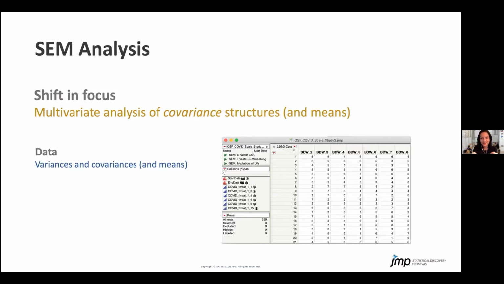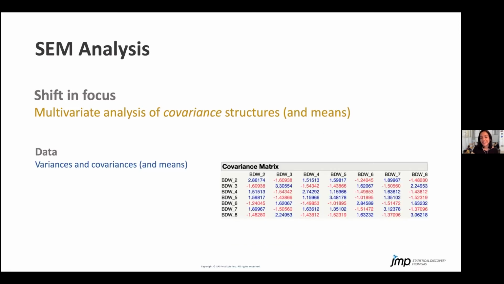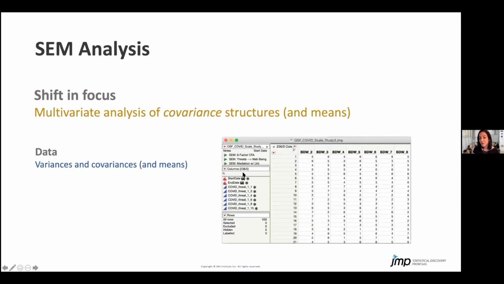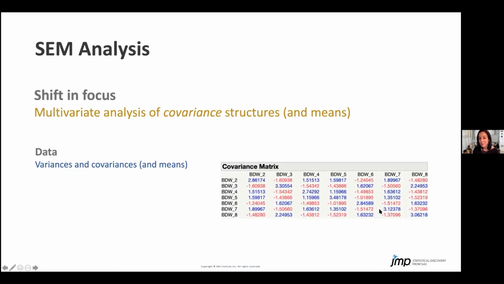And you can use those types of data in any SEM software to do analysis. However, under the hood, what you're really going to be analyzing are the variances and covariances of those data. Okay, so I have 7 variables shown here, and it would actually be their variance covariance matrix that is going to be modeled under the hood.